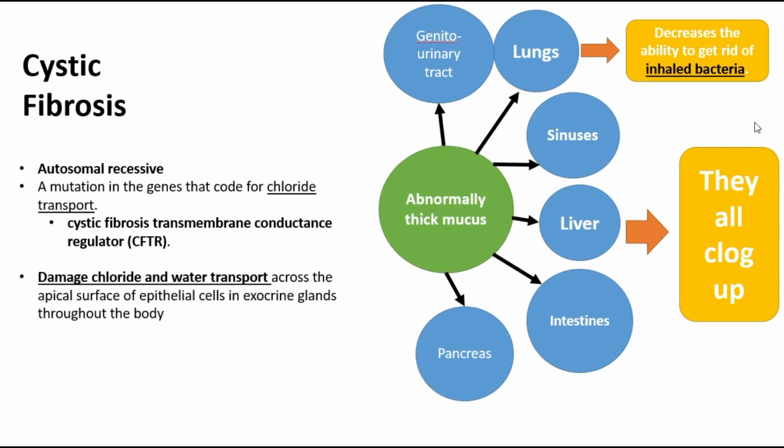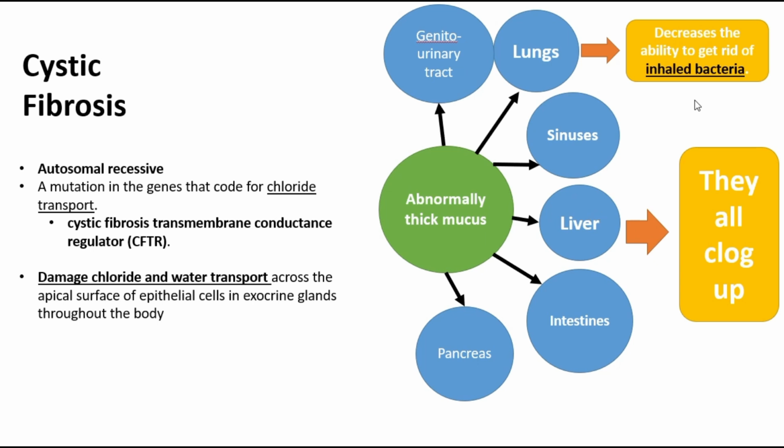This will lead to the production of abnormally thick mucus, which will cause problems in different organs in the body, as you can see here, in the genitourinary tract, in the lungs, in the sinuses, the liver, the intestines, and the pancreas. They all clog up because of the thick mucus.